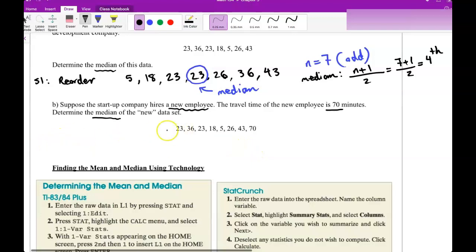Again, step 1, reorder all of these, because we want to find the median, and that is our first step. We have the same thing: 5, 18, 23, 23, 26, 36, 43, and 70.